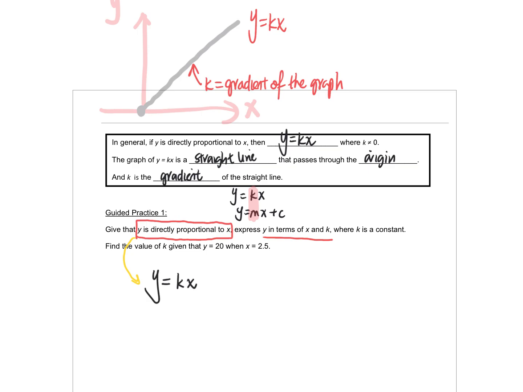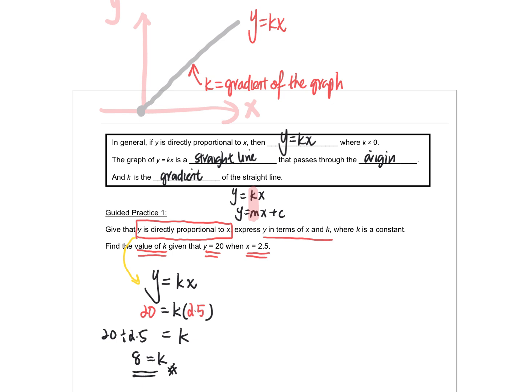So they say, can you find the value of k if y is 20 and x is 2.5? So just sub in 2.5, 20. So to find k, it will be 20 divided by 2.5. Okay, so just follow. K is 8. So this is the value of k that they want.